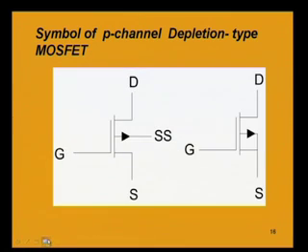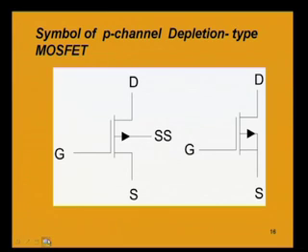Now, if we have a p channel depletion type MOSFET, in p channel depletion type MOSFET, the substrate will be having n type material and the channel is p.